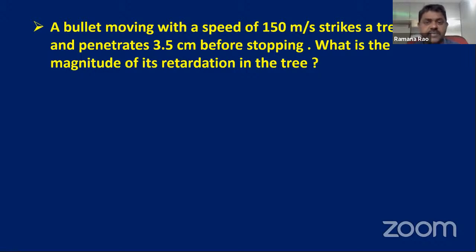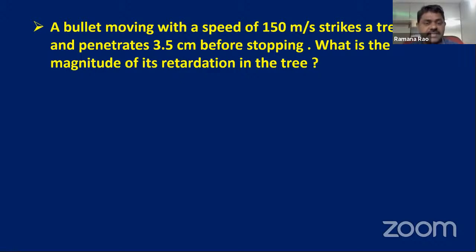That means as it enters the tree, a wooden log, it is going to stop after passing 3.5 centimeters because of the resistance offered by the tree. So what is the magnitude of its retardation in the tree?